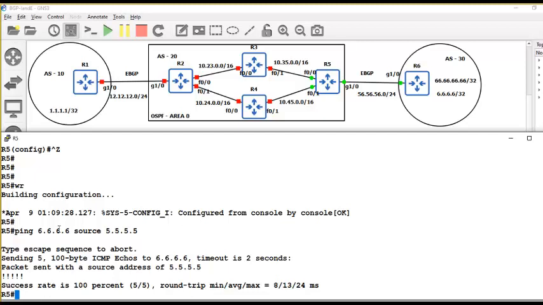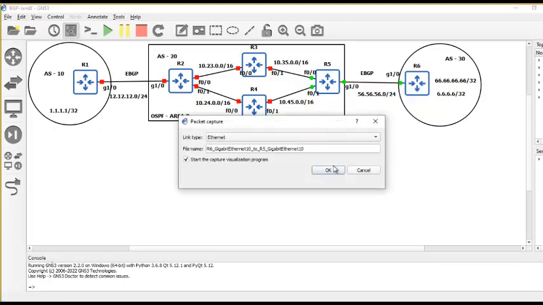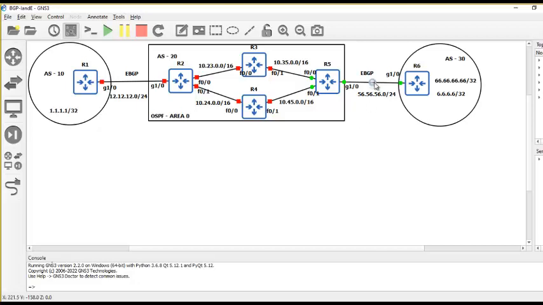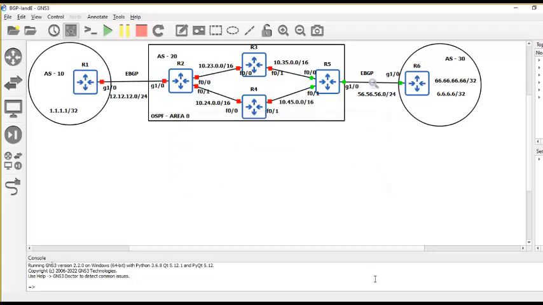Happy? No, not happy. BGP is not happy enough. See, I'll show you BGP will not even send a single packet outside, even though the route is available. You are able to ping, no?